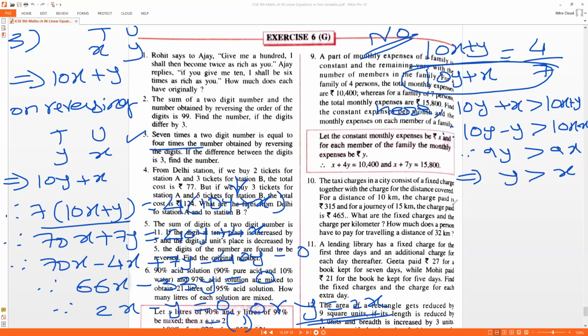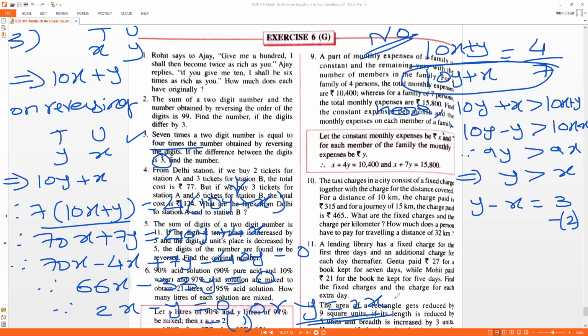So differ means y minus x must be 3, because 3 is positive. When do you get positive on the right hand side? When you subtract the smaller number from the larger number. So x is smaller, y is larger. So greater minus smaller gives you a positive number. So y minus x is equal to 3 is the correct equation, not x minus y is equal to 3. So this is equation 2. Solve it and tell me the answer.